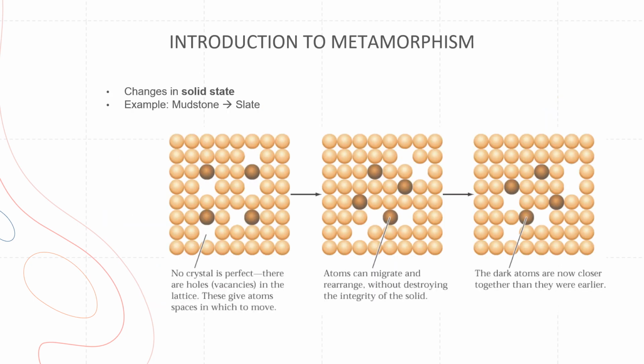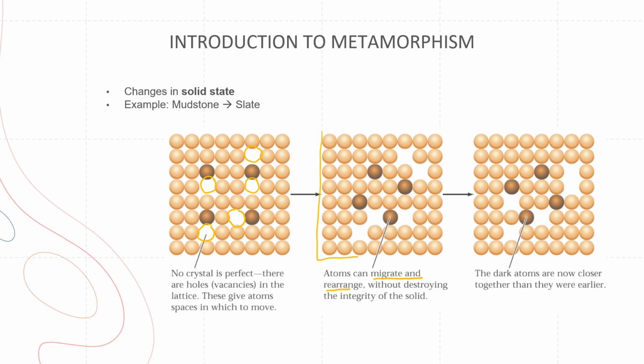So some of you might think, it's already solid, how can a solid thing change? So actually, if we look at this diagram here, no crystal is perfect. So there are holes, vacancies in the crystal lattice, and these give atoms spaces in which they can move around. So if we pay attention to these darker ones here, you can see that these atoms can migrate and rearrange without actually destroying the integrity of the solid.